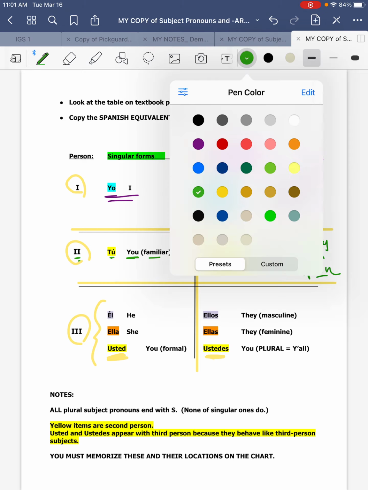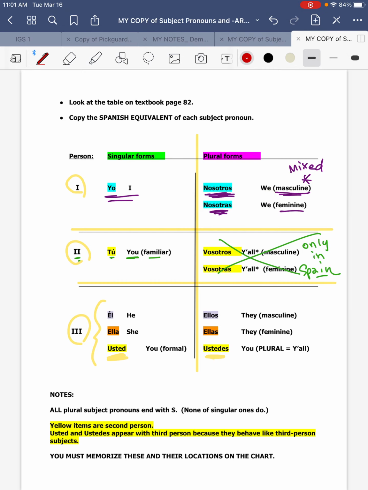If we go down a little bit and we take a look at the third person, you notice there are 3 choices for singular and 3 choices for plural. This is convenient. So I'm talking about him, he, él. I'm talking about her, she, ella.